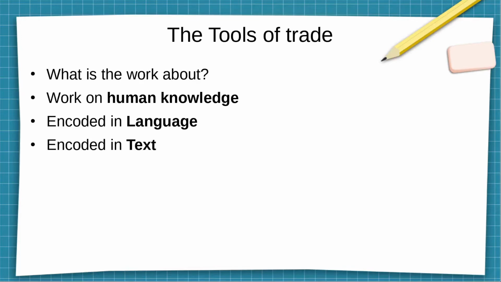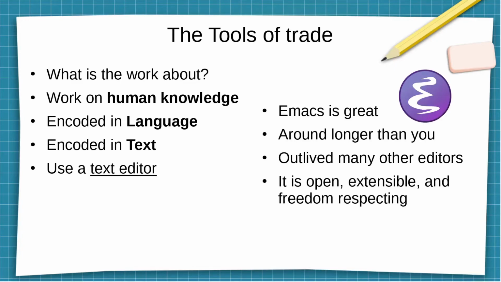And we encode languages in text. And for that, our most basic tool is a text editor. And I'm going to do the recommendation and use throughout this video series, the Emacs text editor. It is a wonderful editor with a long history, probably has been around longer than you. It is certainly older than myself. And it has outlived many editors.